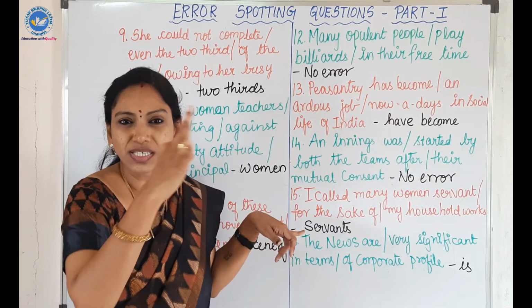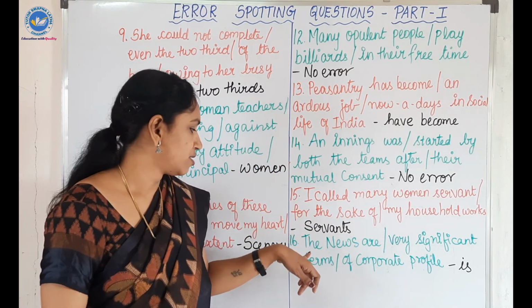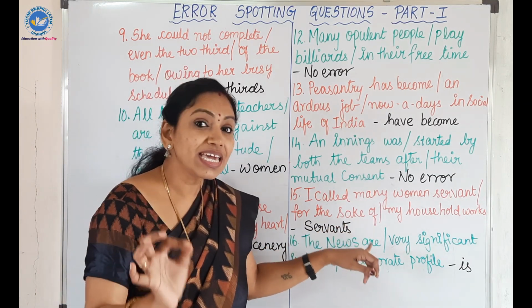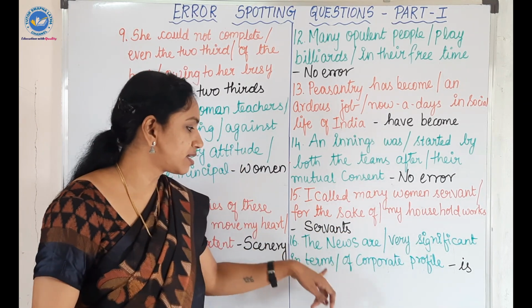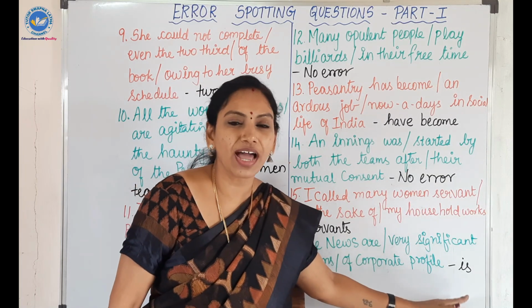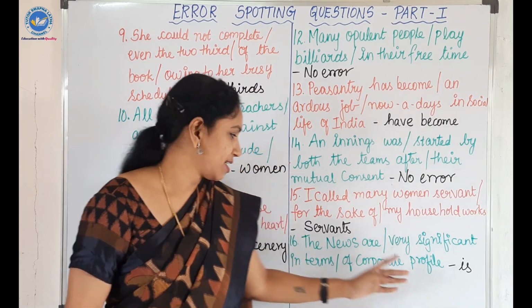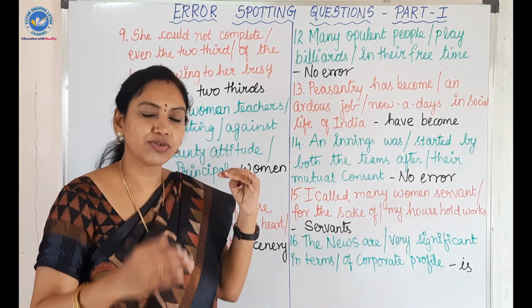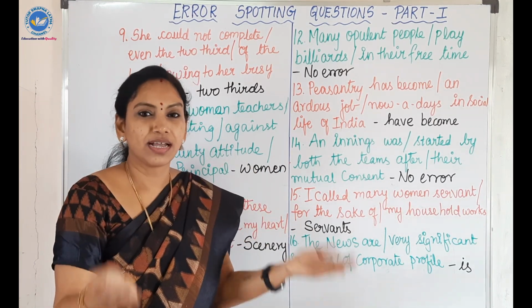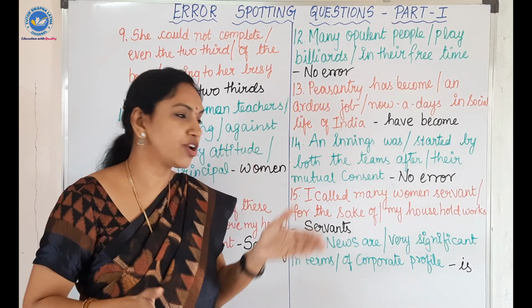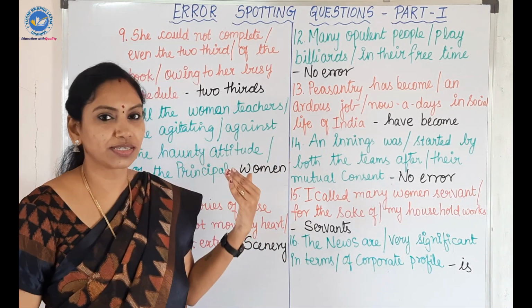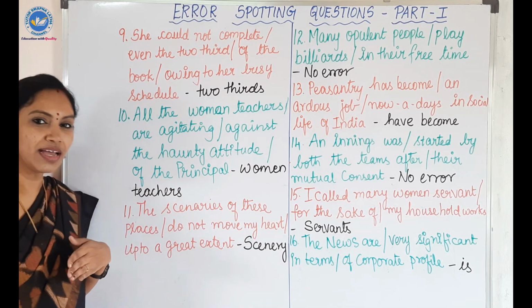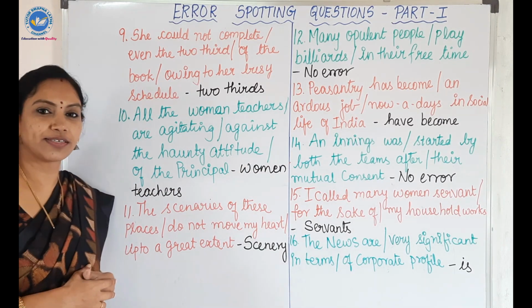A and the are given before a singular. So the news is very significant in terms of corporate profile. Okay, friends. So this is the 16 questions. Next, we'll move on to the last session of this sequence. Okay, I'll move behind. Please take a screenshot of this.